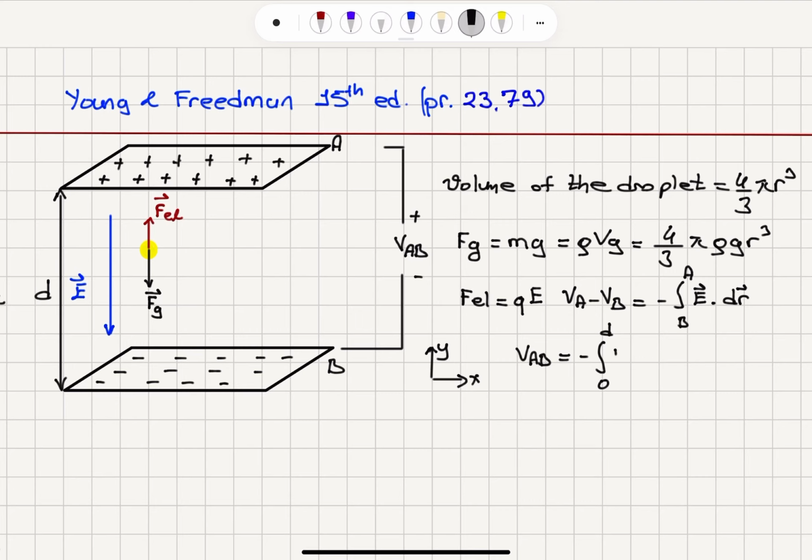The electric field points in the minus j hat direction, E in minus j hat. The displacement is in the plus j hat direction, dy j hat.